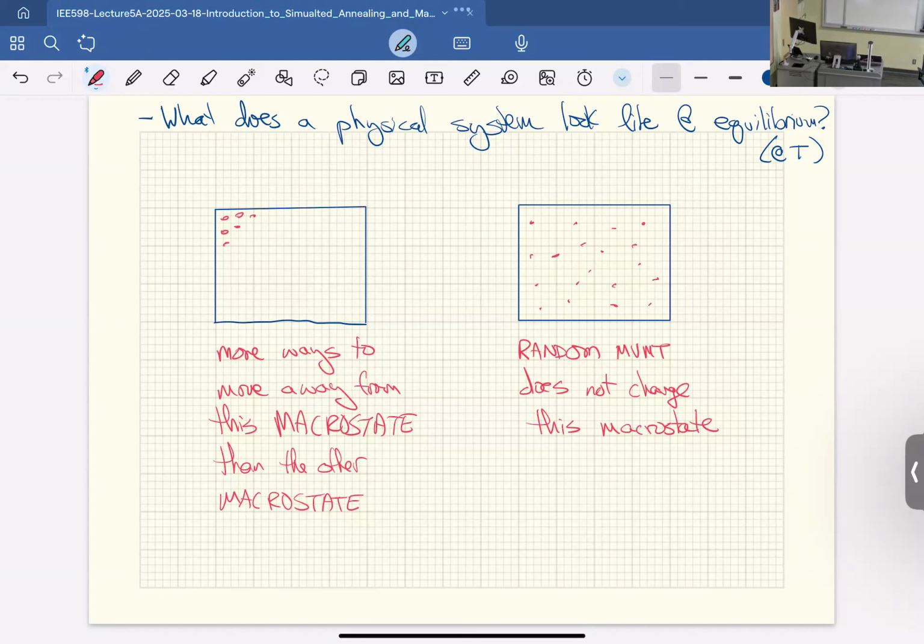And once it fills the room, then it is extremely likely it will go from one room-filling configuration to another, and another, and so on. It is very unlikely it'll go back into the corner. It is possible, but very unlikely.